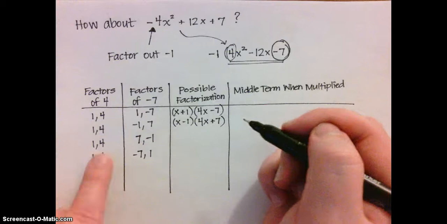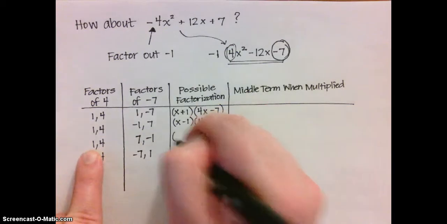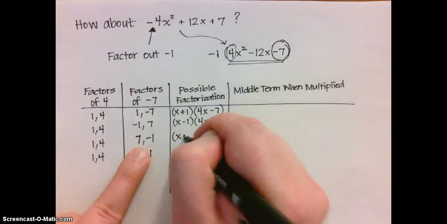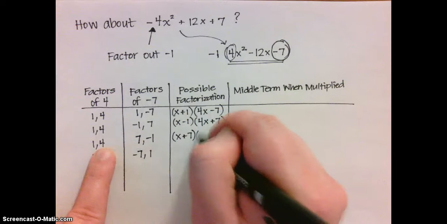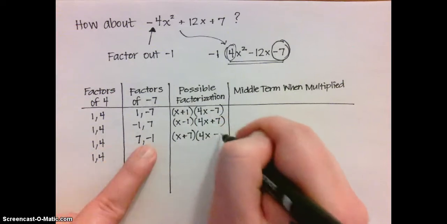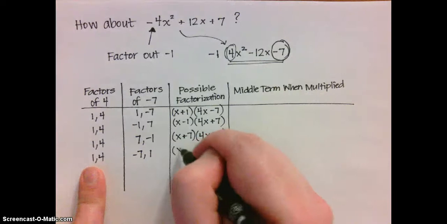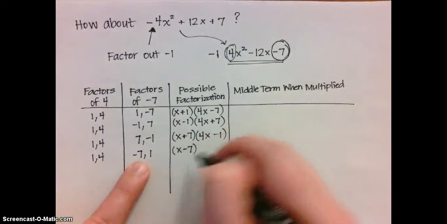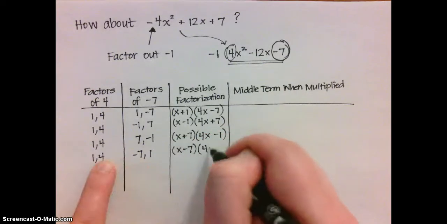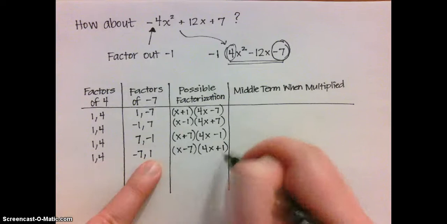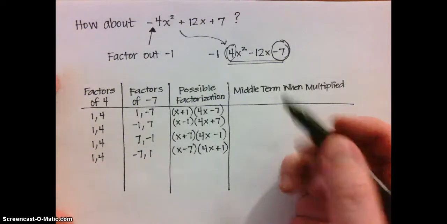That's another one. Let's go to the third line. I can have x plus 7 times 4x minus 1. And the fourth possibility is x minus 7 times 4x plus 1. I'm really taking my time, and I want you guys to as well.